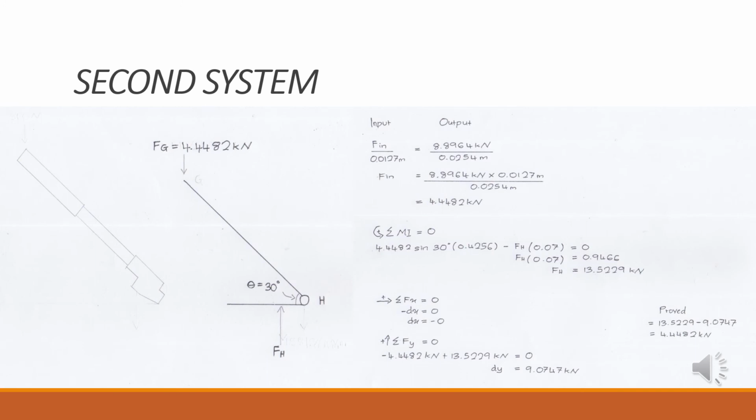For the second system, I chose to calculate the handle part. So this is a free body diagram for the handle part. First, I find the force value in Fg.